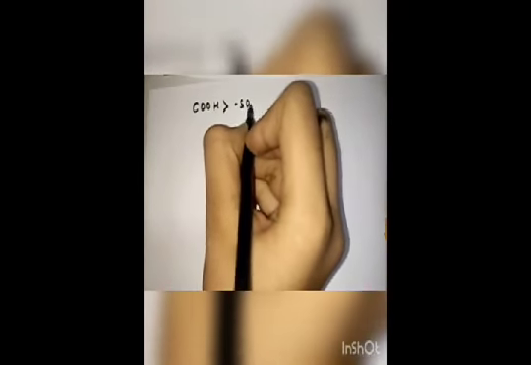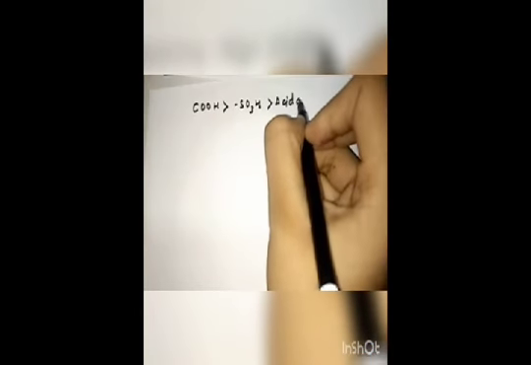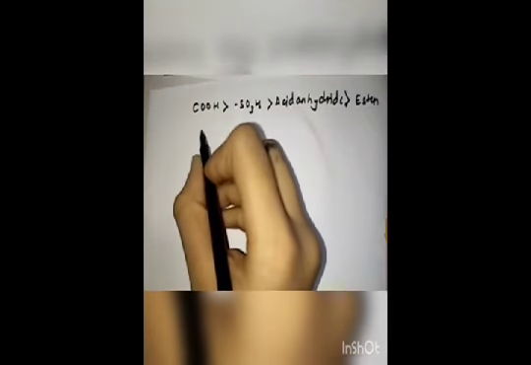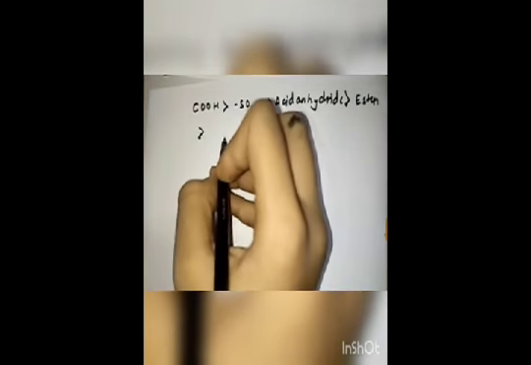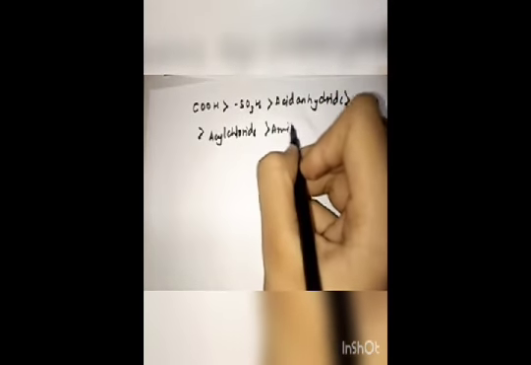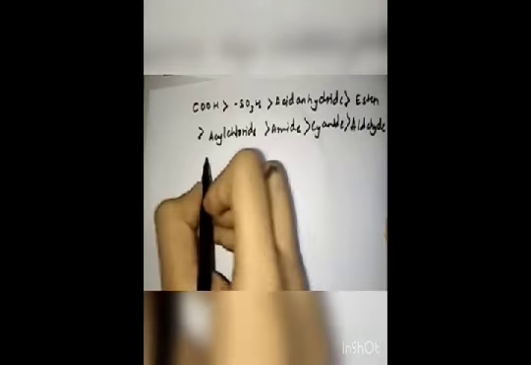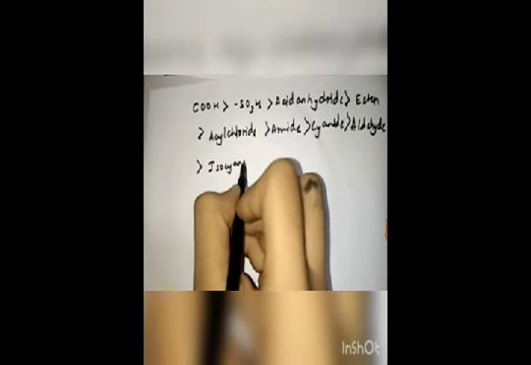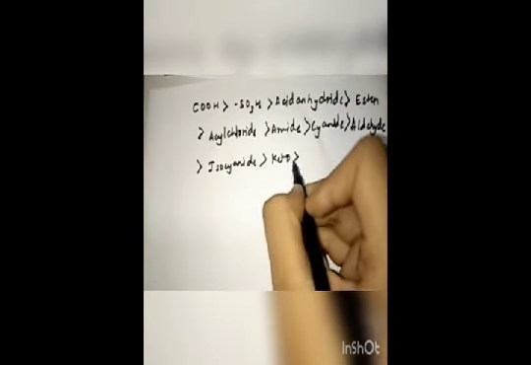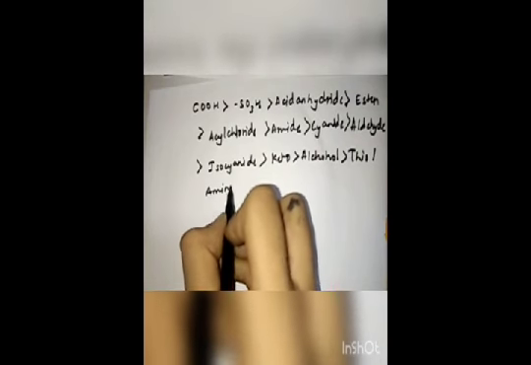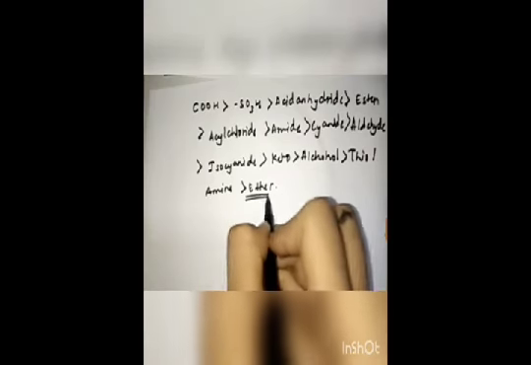The priority order for the functional groups will be COOH greater than SO3H greater than acid anhydride greater than ester greater than acyl chloride greater than amide greater than cyanide greater than aldehyde, which is greater than isocyanide, which is greater than keto greater than alcohol greater than thiol greater than amine, and the least one will be ether.